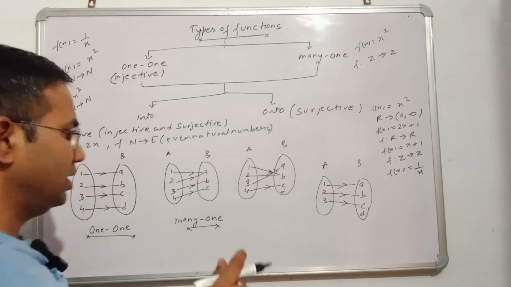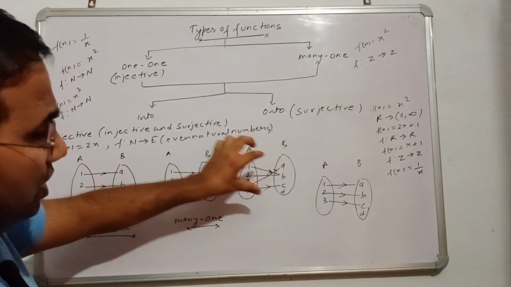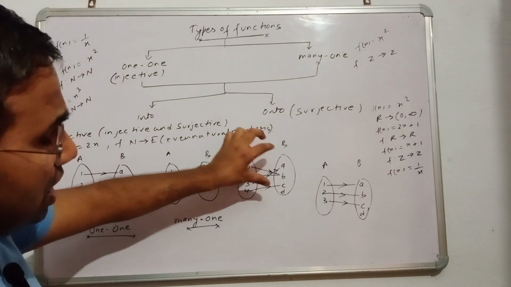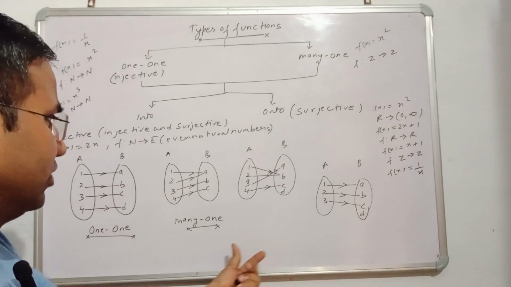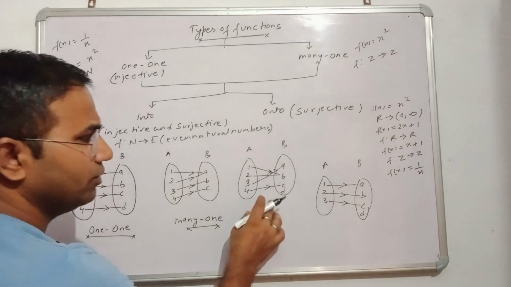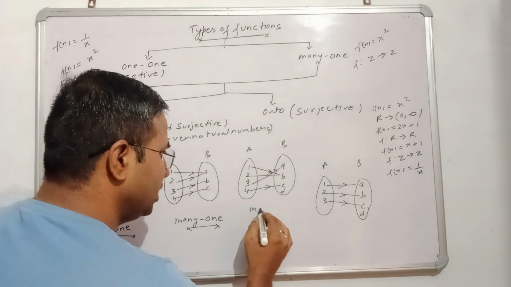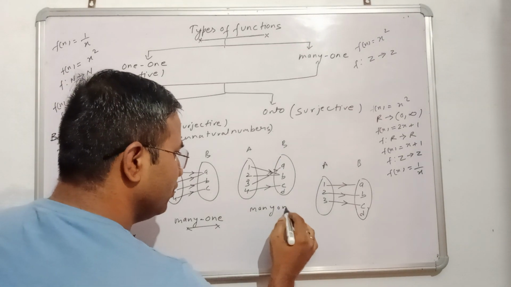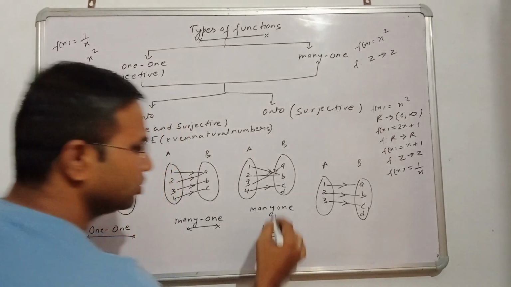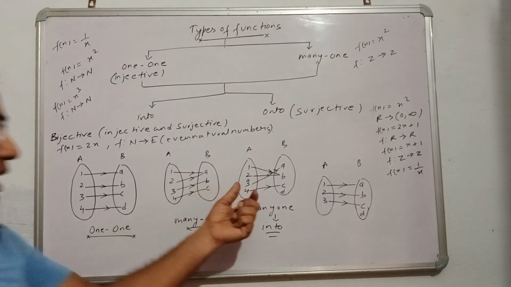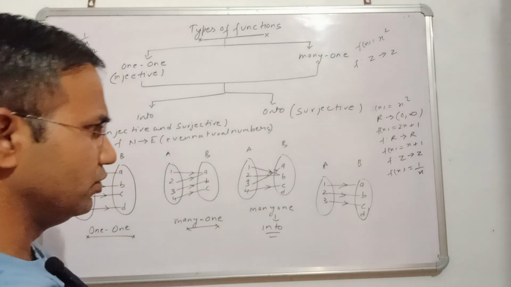If you are looking at the mapping, every element has a unique image, and one element is left in the second set. So you can see this is many-one, but along with many-one, this is an into function also. If any element is left in the codomain, then it is called an into function.